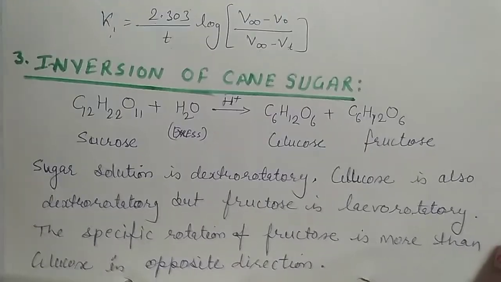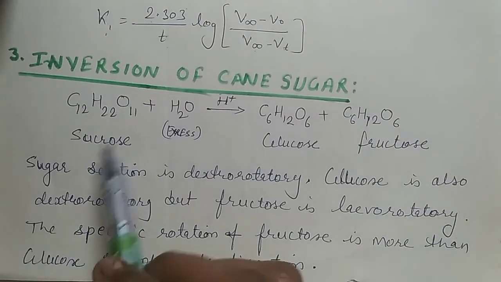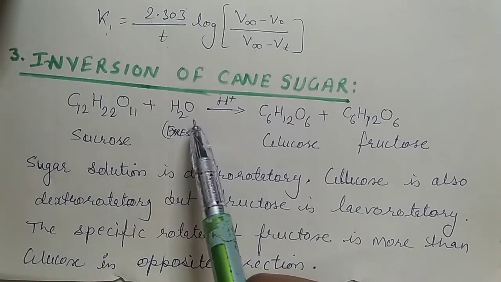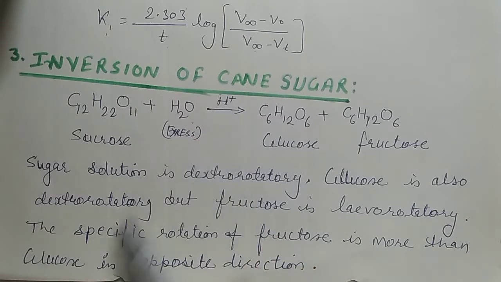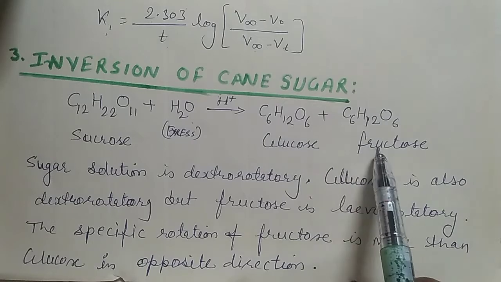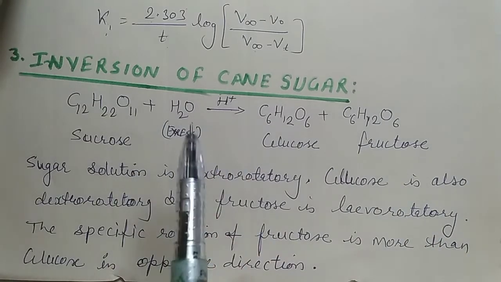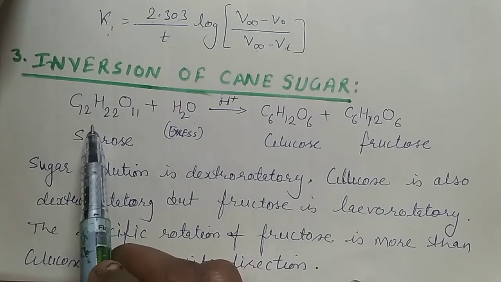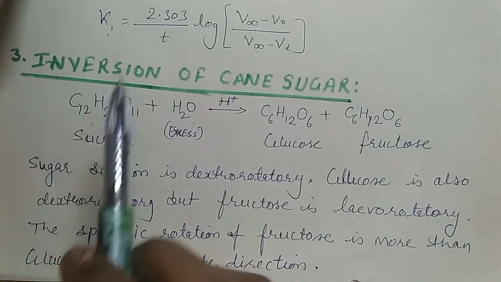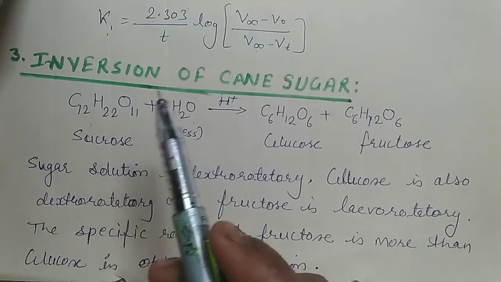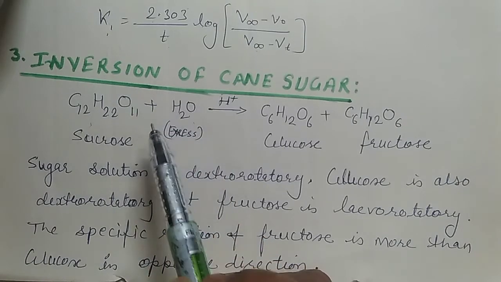Cane sugar means sucrose. Okay, when sucrose is hydrolyzed, then an acid or invertase enzyme is used, and glucose and fructose are obtained. Here it is very important to know that sucrose is a dextrorotatory sugar, means it rotates the plane polarized light in the dextro direction, as we have discussed in stereochemistry already.